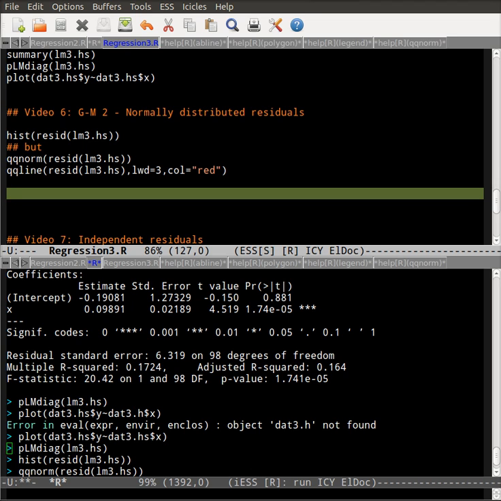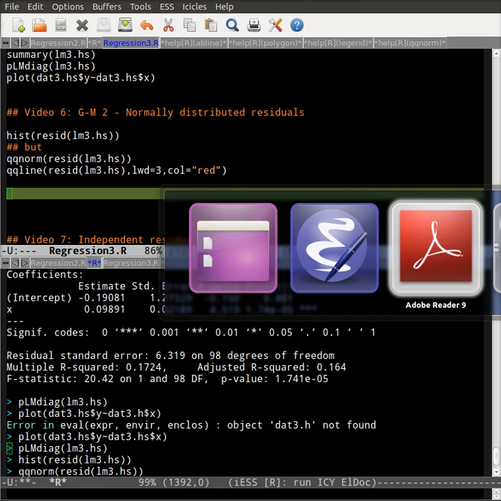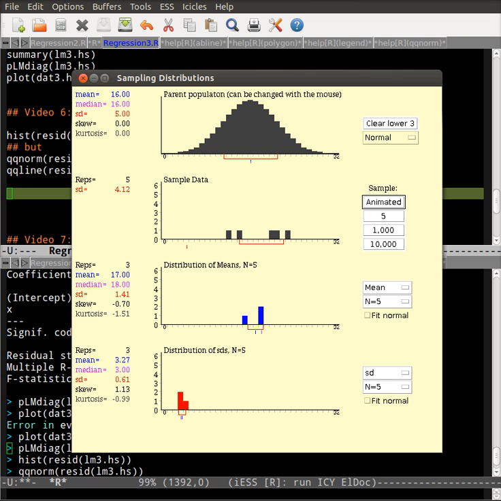Now, for small samples, the sampling distributions of our parameter estimates are not necessarily normal. As you could see in that little Java applet, you're not always going to get a normal distribution of these errors or of our parameter estimates. If I just keep clicking on this, at some point I might actually get something that looks very odd, maybe skewed.